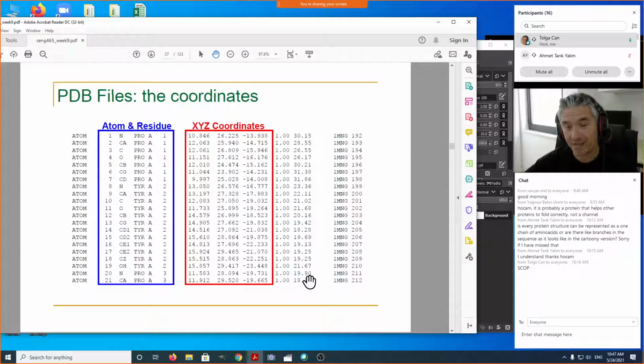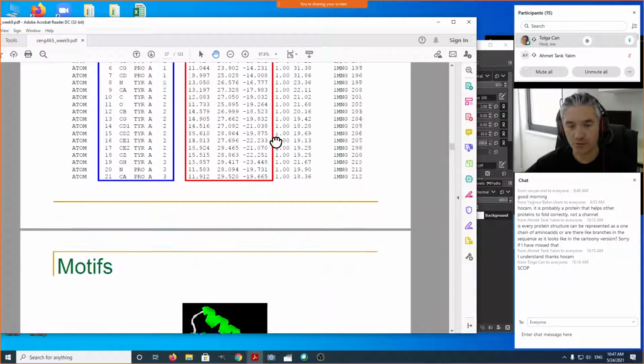If you scale it down, for example, it will no longer be a natural biological shape, because the bond lengths and atom positions will no longer represent the true distances in nature. But translation and rotation do not do anything to the protein structure.